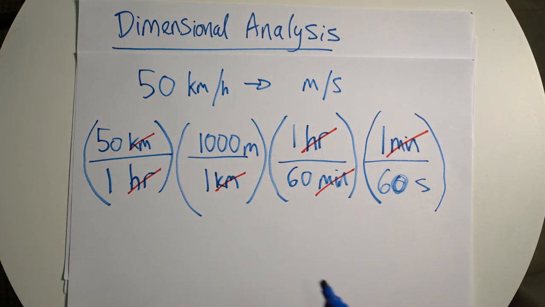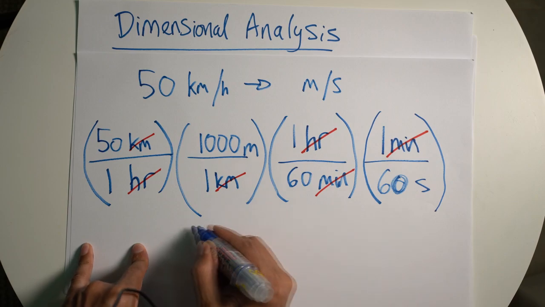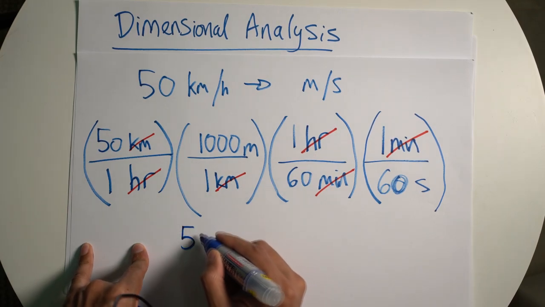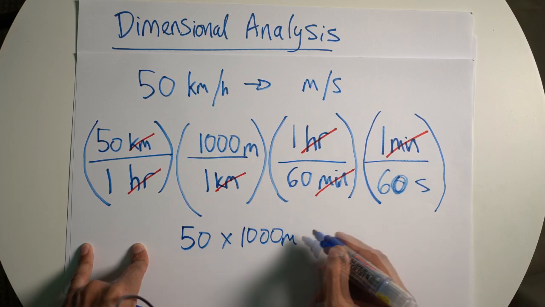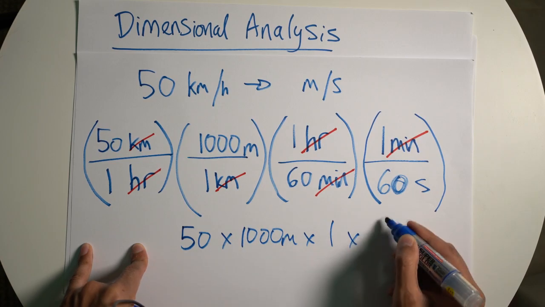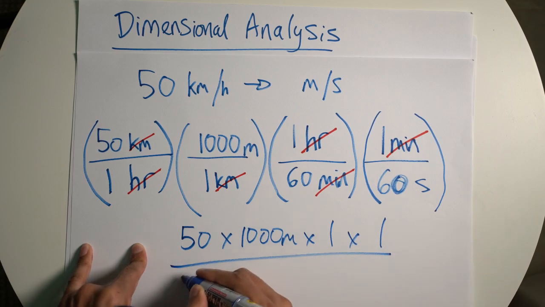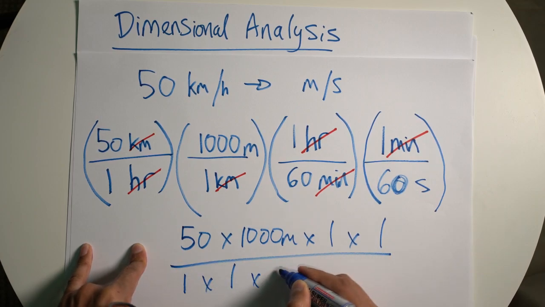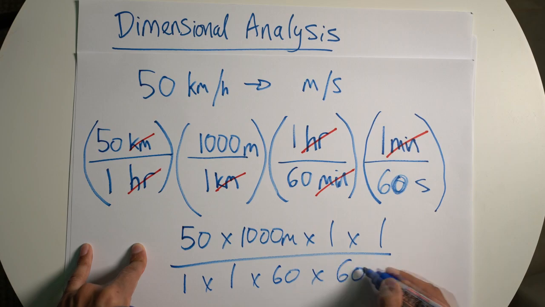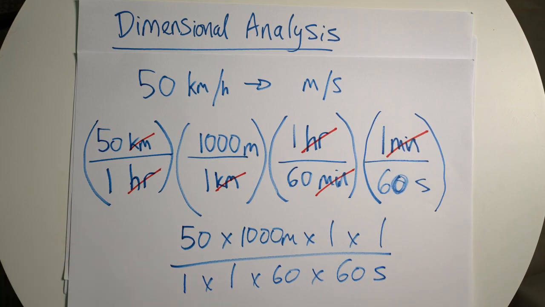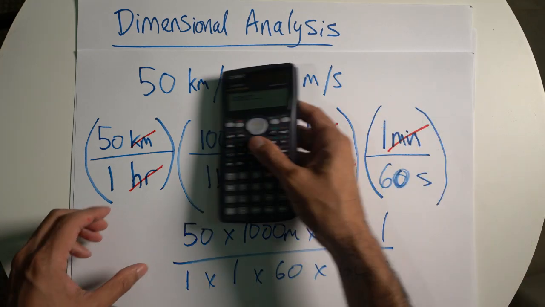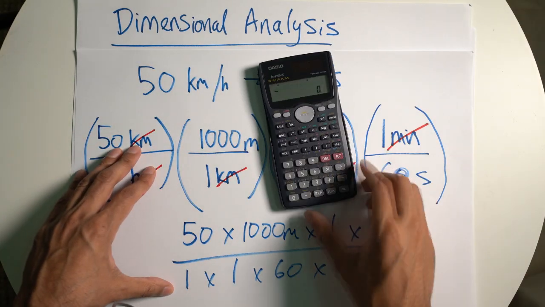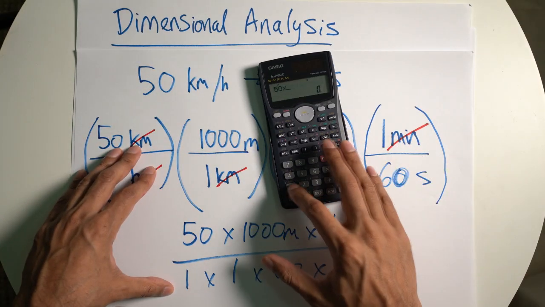So let's start putting our numbers and units together. So we end up with 50 times 1,000 meters times 1 divided by 1 times 60 seconds, like that. Meters per second. Let's work this one out using our calculator. All right, so we got 50 times 1,000.